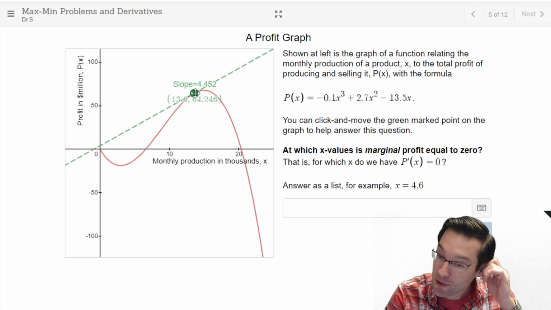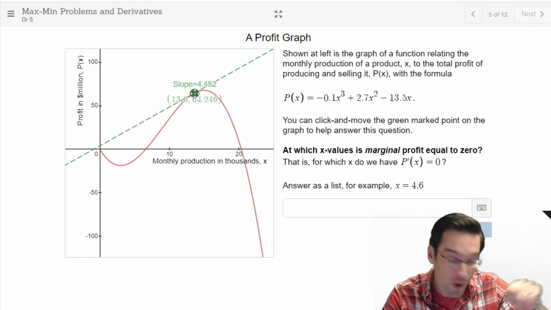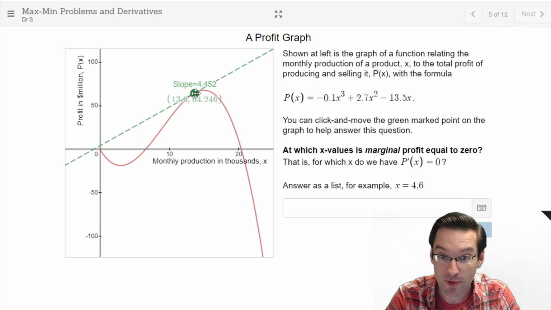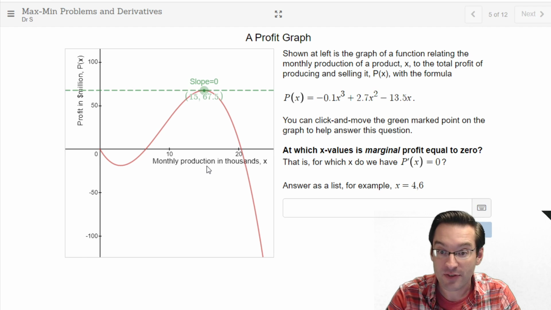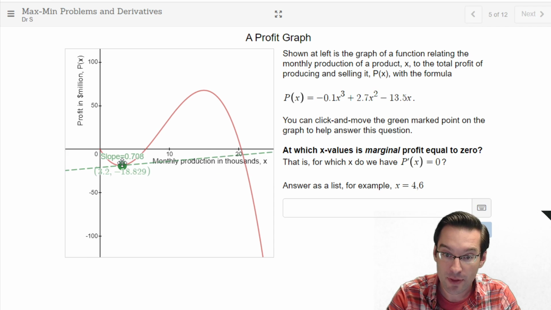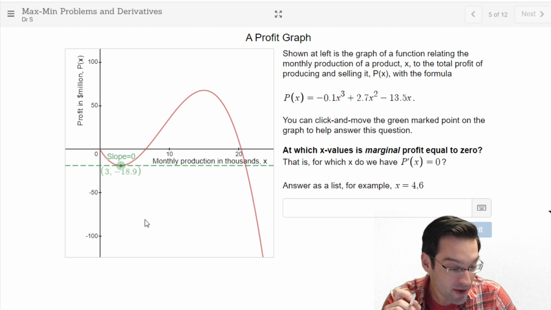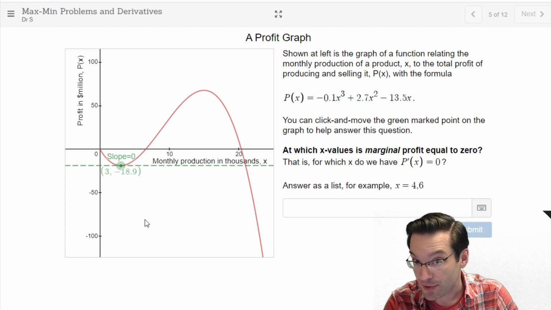The amount of profit that I would make for selling just one more unit of my product would be neither a profit nor a loss at those points. That would be 15, so the top of this mountain over here, and also 3, the bottom of this valley on this side. So x equals 3 and x equals 15. Those are the places where my marginal profit is equal to 0.